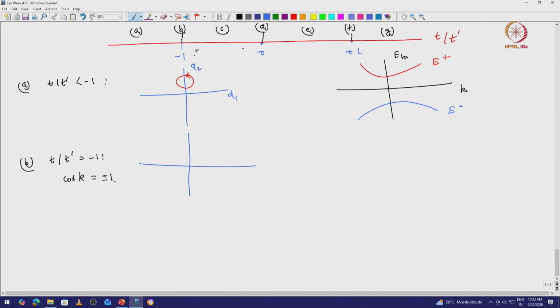So, what will happen is that you will get a Dirac cone where both D1 and D2 go to 0. Okay, yeah, now I understand.